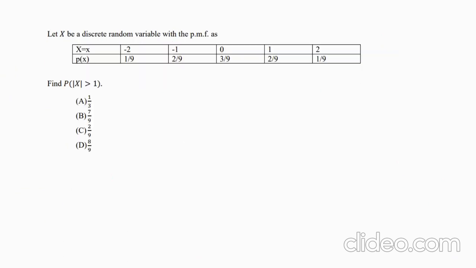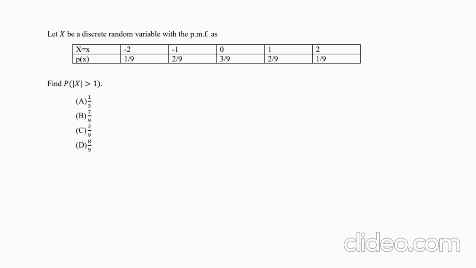So now we have this question as a discrete random variable. The discrete random variable has a probability mass function and the continuous random variable has a probability density function.